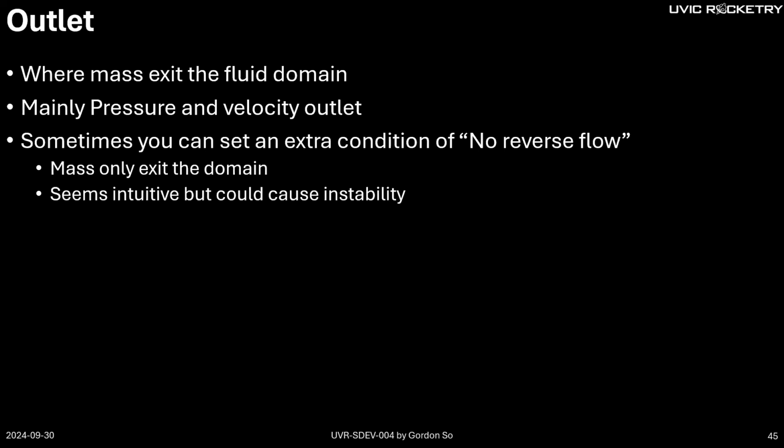When we say no reverse flow, it's literally no reverse flow. All the flow will exit the domain together, so you won't capture things like turbulence. You're just saying everything goes. So in certain cases it may not be the most accurate condition, because you may want to see this.